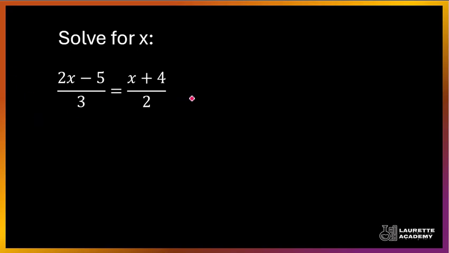We are going to make use of the algebraic fact that if we have a fraction a over b equal to another fraction c over d, then this implies that a times d is equal to c times b.